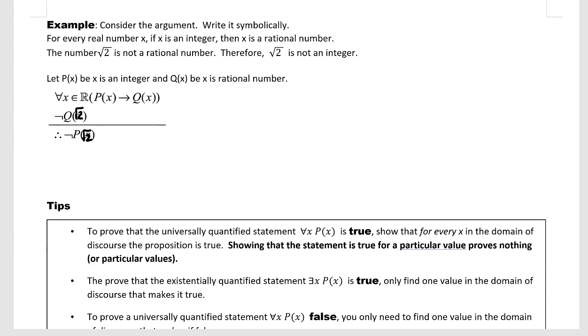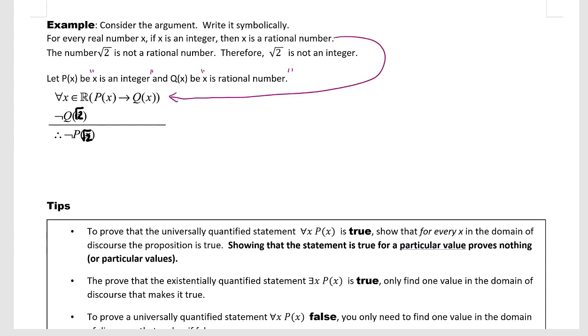Let P of x be x is an integer, and let Q of x be x is a rational number. Then for every x in R, the real numbers, if x is an integer, P of x, then it implies Q of x. The first sentence gives us this.